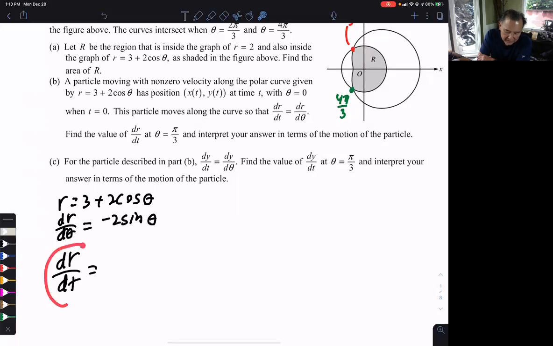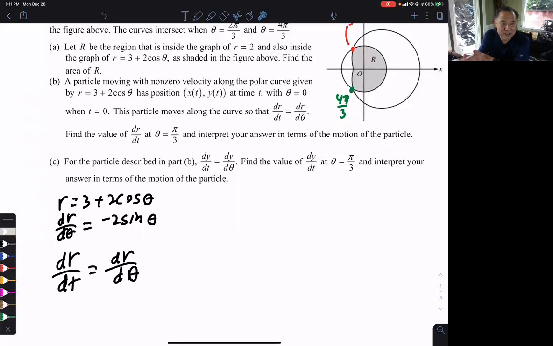But I want dr dt. So I'm able to find dr d theta, so I'm going to put that there to get my dr in the right place. How am I going to get d theta down there? Well, that's where this comes into place. Okay? So dr dt equals dr d theta. I want a dt on the bottom, so I can just wait a second. This is dr dt.